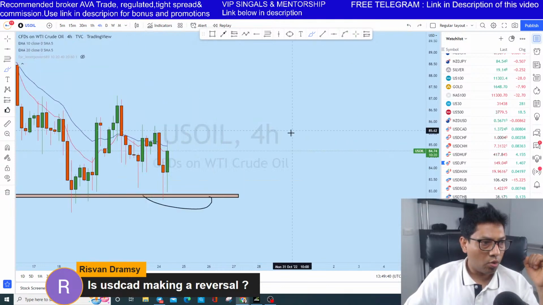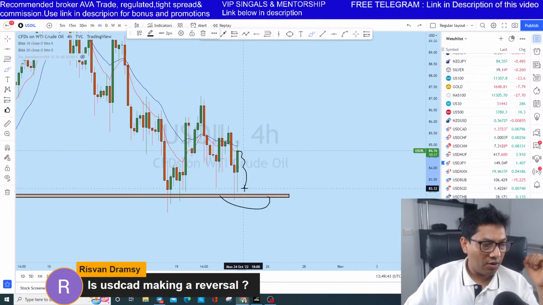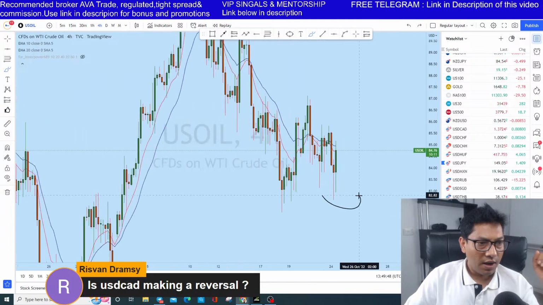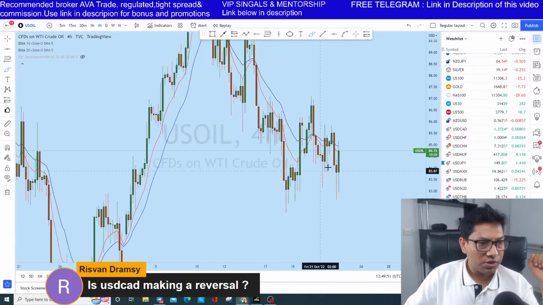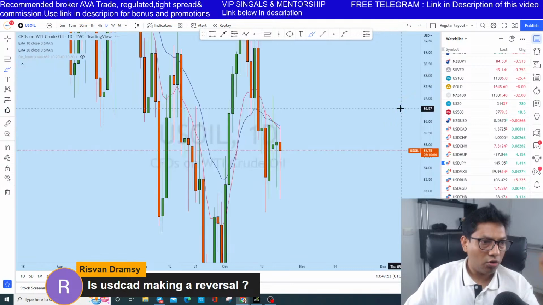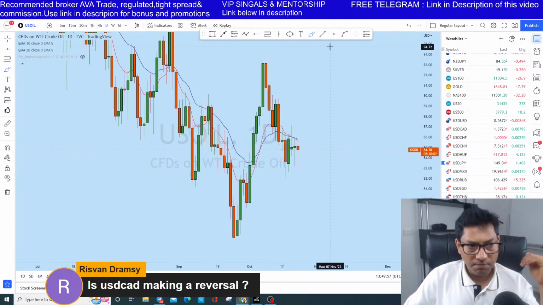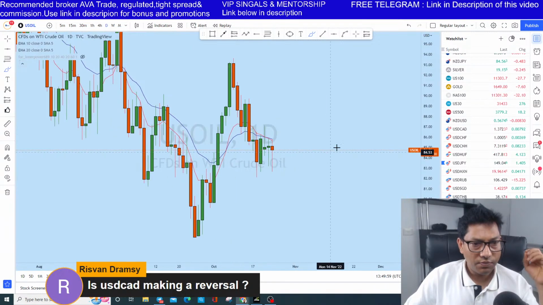What I think is that after closing of this, oil will come back down, and if it retests here, that could be a zone for buying. But for now, I will not be opening any trade because the price action is not fully developed, and I'm not fully confident that it will go up. Let's leave it from my side.